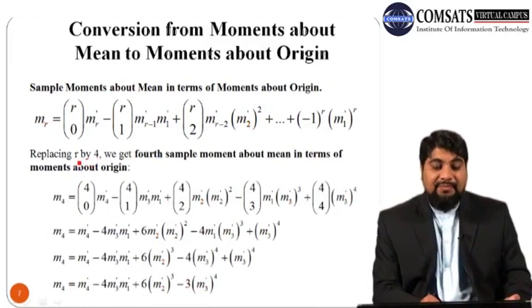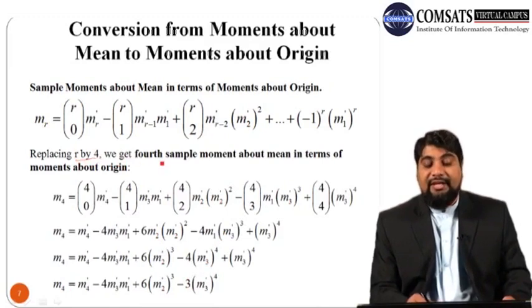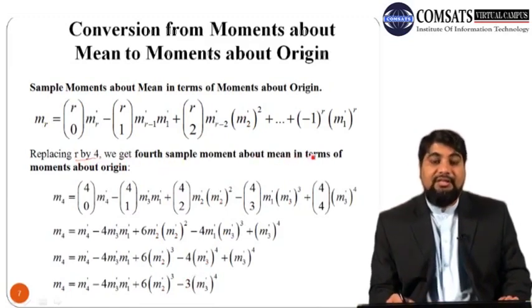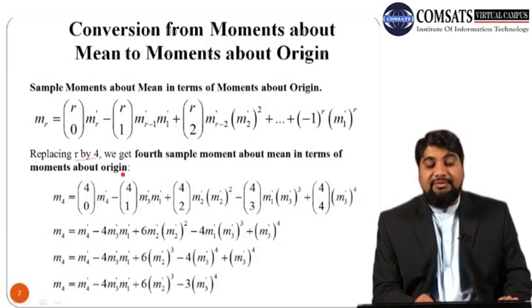Similarly, if we replace r by 4, we can get the fourth sample moment about mean in terms of moments about origin.